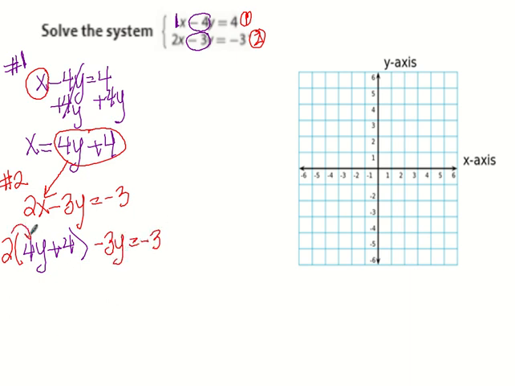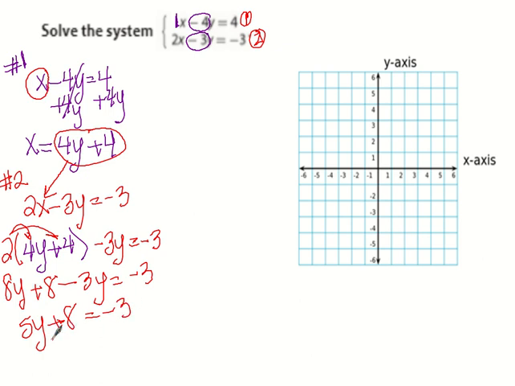So we distribute first. We get 8y plus 8 minus 3y equals negative 3. 8y minus 3y is 5y plus 8 equals negative 3. I'm going to subtract 8.